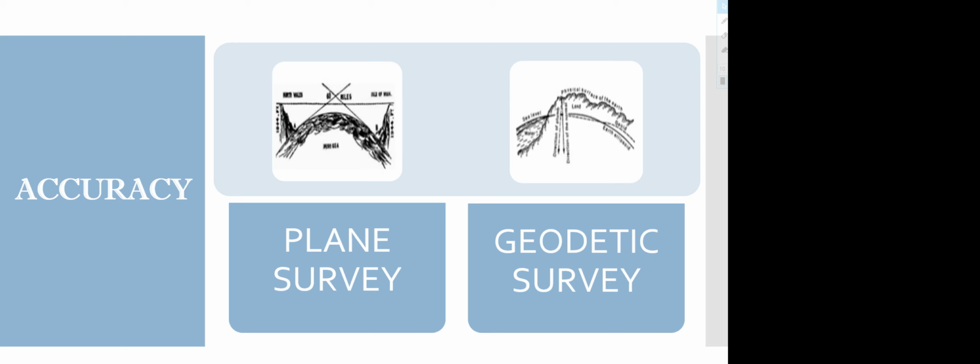Whereas in a geodetic survey, all the exact elevations and depressions of the earth's surface are taken into account. So when you compare these two surveys, geodetic survey will have minute accuracy. It will give you very good survey detail when you compare it to the plane survey.